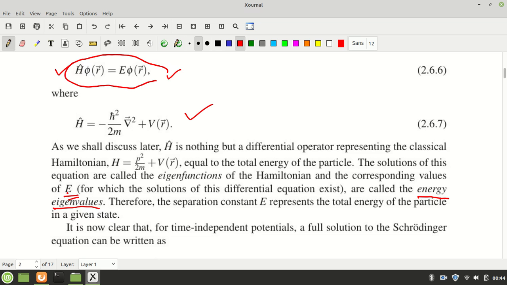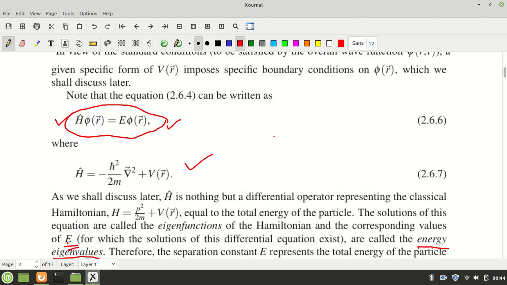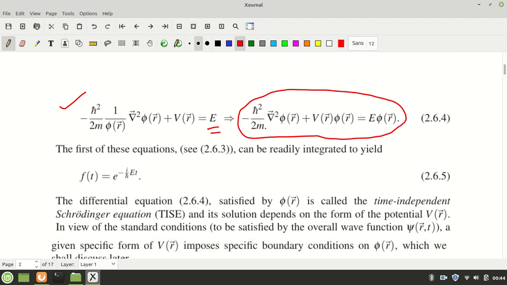H phi is equal to E phi, or in the form of operator, so in explicit form you can write minus h cut square by 2m grad square phi plus V of r phi is equal to E phi. Here you can see the separation of variables is possible because the potential is independent of time.